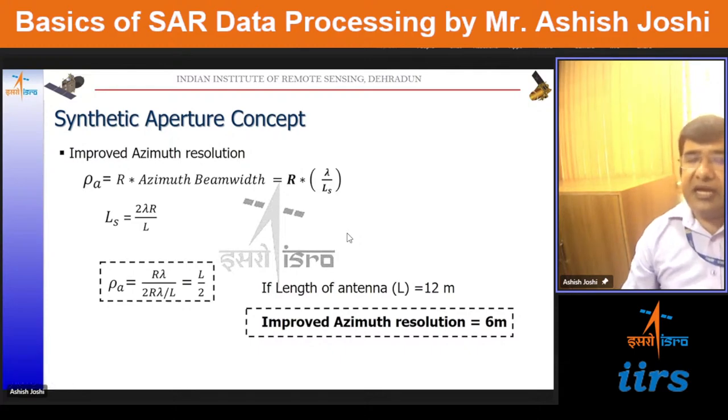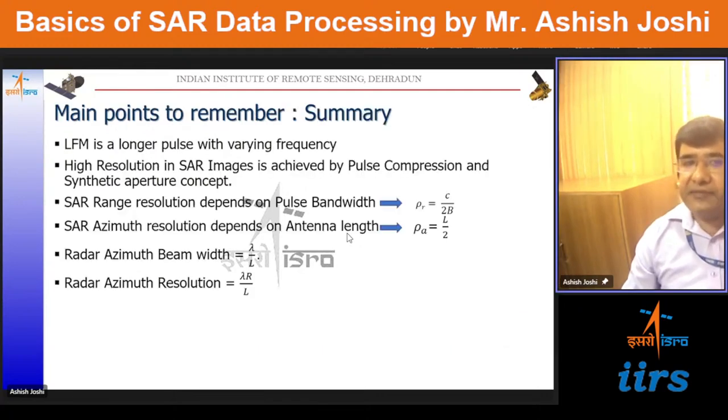Okay, so these are two basic techniques, in the range and azimuth directions, to get the final resolution in SAR images. The main things you have to remember: the LFM is a longer pulse with varying frequency. High resolution in SAR images is achieved by the pulse compression and synthetic aperture concepts.